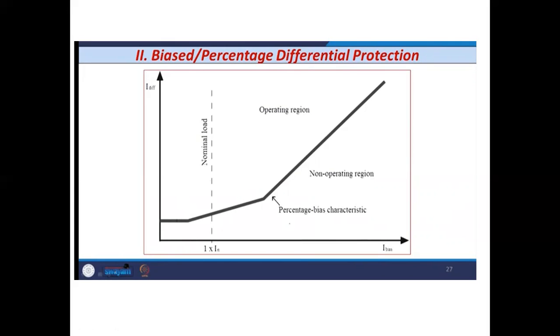Okay, and if I draw it with the two slope characteristic, this is the first slope, and this is the second slope.